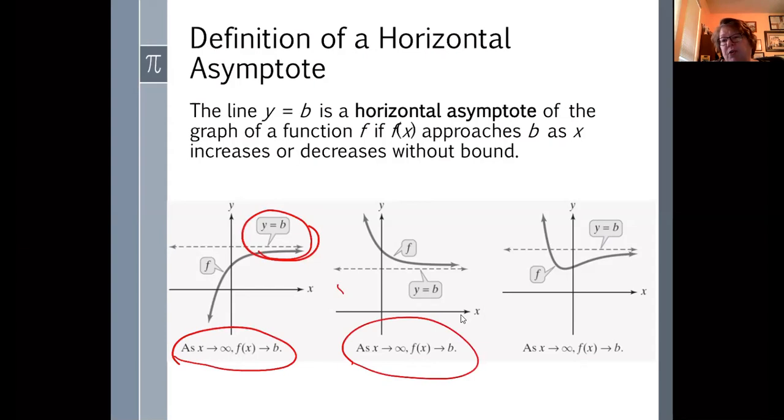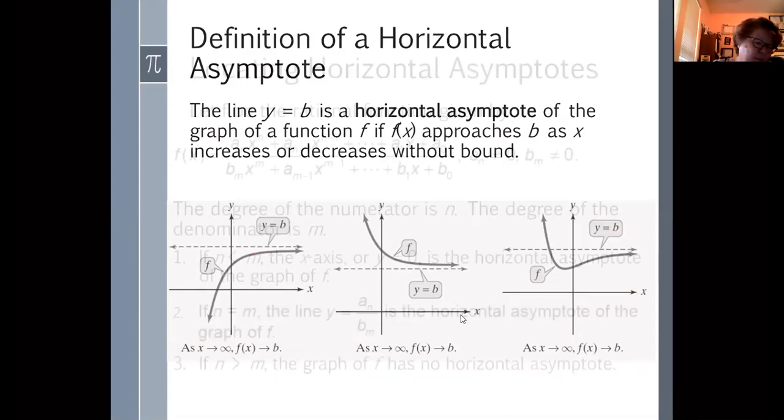As x goes to the right to infinity, my graph's y value is approaching this number b. And this last graph shows that your graph can cross a horizontal asymptote. It's not like a vertical asymptote that is the brick wall. Your graph can cross that horizontal asymptote. But as x goes to infinity, forever to the right, the y value of my function approaches this number b.